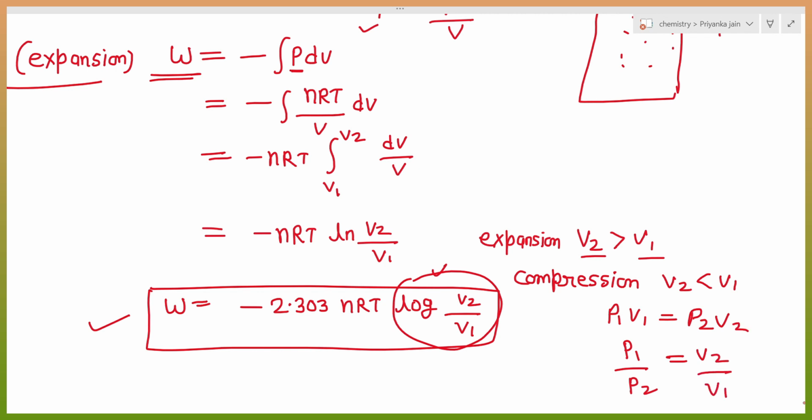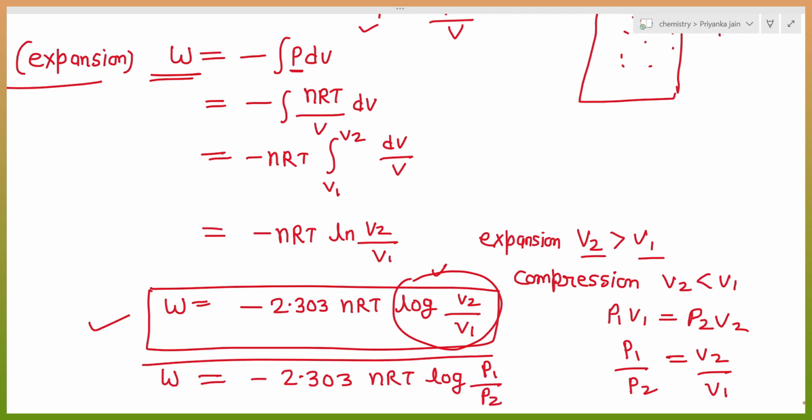So we can write W is equal to minus 2.303 nRT logarithm of P1 upon P2. So you can use this formula if you have not been given the values of volume and you have been given the pressure terms.